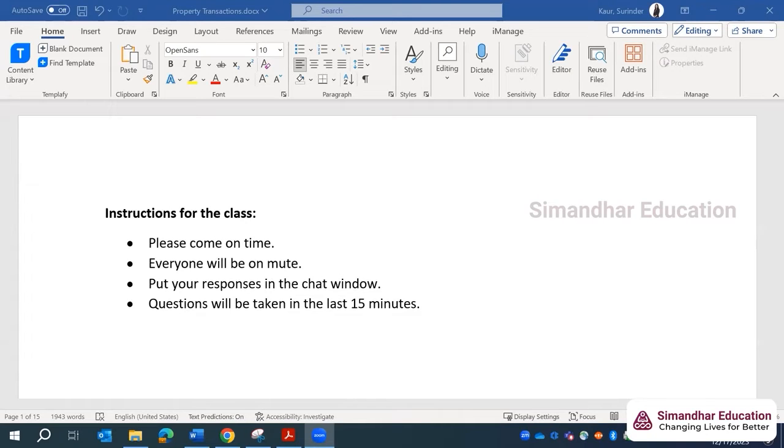When I took my orientation 2 weeks back, most of the people responded in the chat window that they have not attended the regulations, and this is the first time they are going to do this subject. So I'm going to give a lot of examples and decode as much as possible.